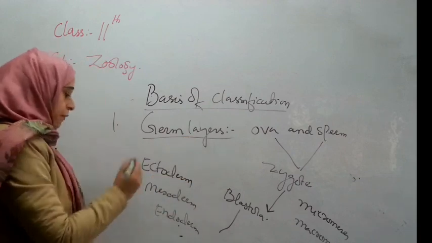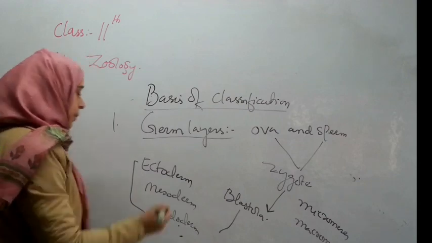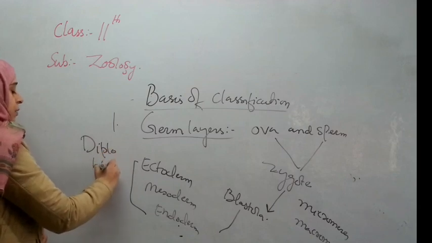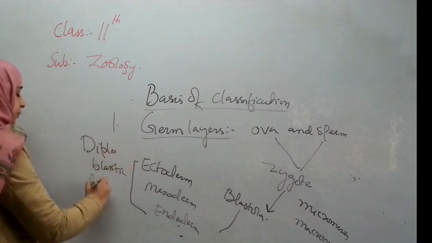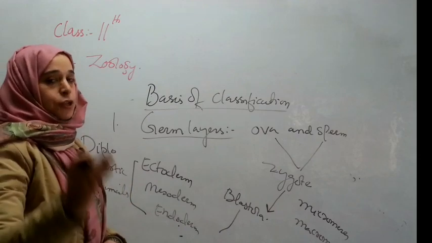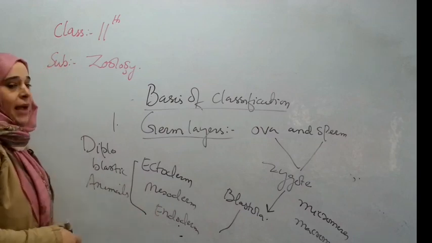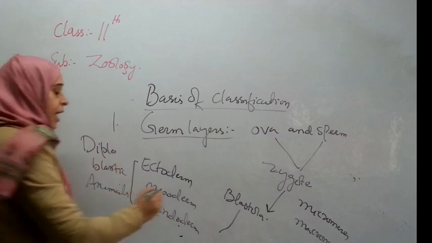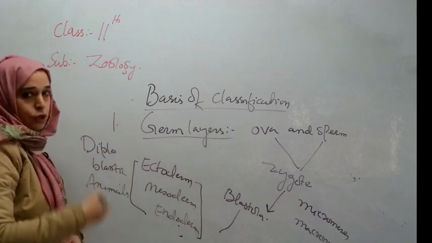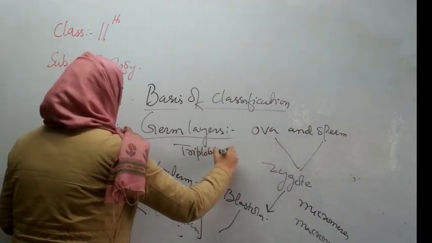There are certain animals which possess only two germ layers, that means ectoderm and endoderm, and those animals are known as diploblastic animals. The animals which have all three germ layers, that means ectoderm, mesoderm, and endoderm, are known as triploblastic animals.